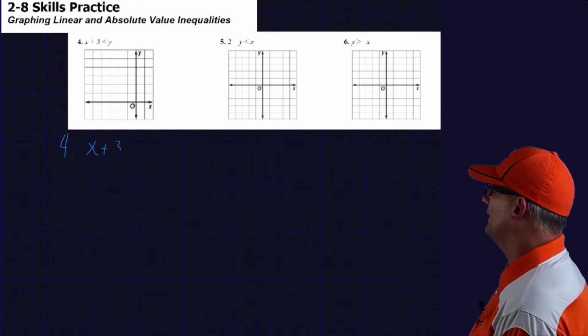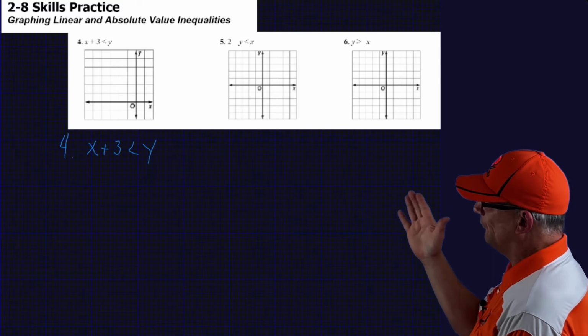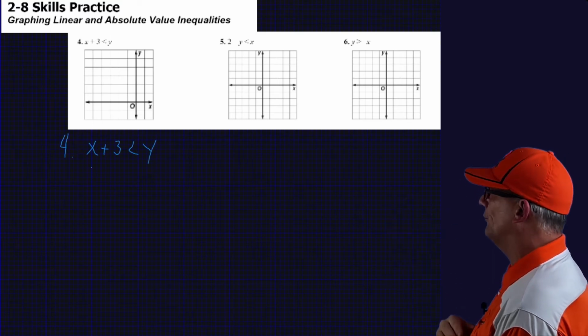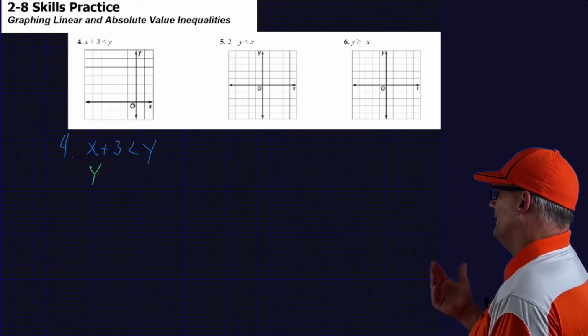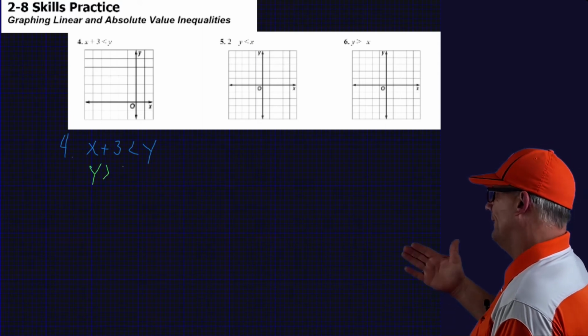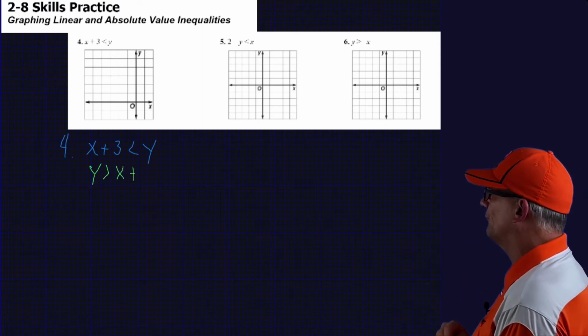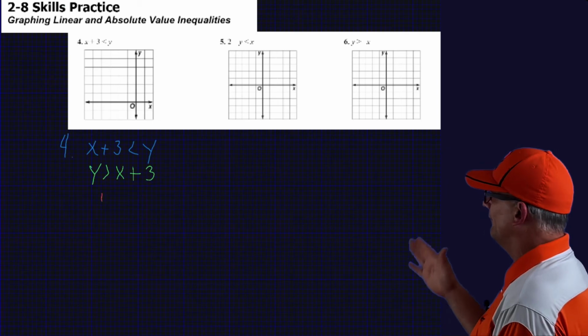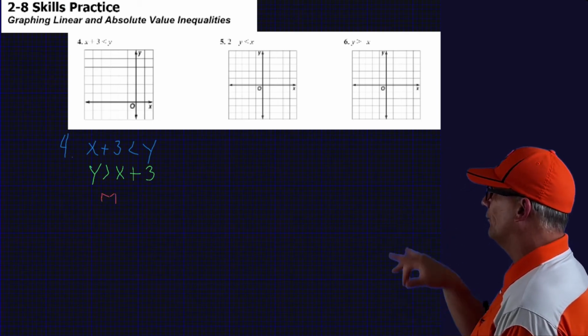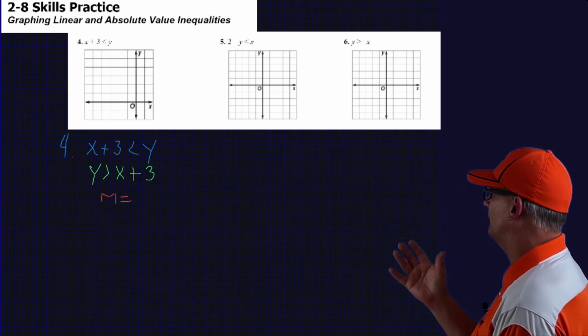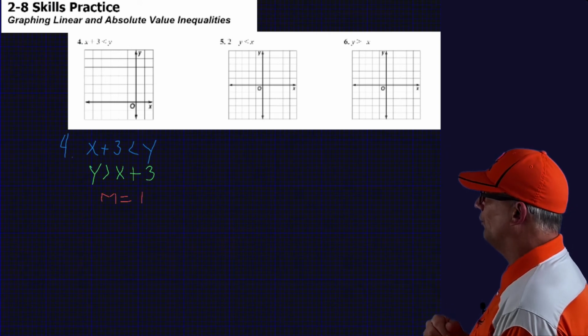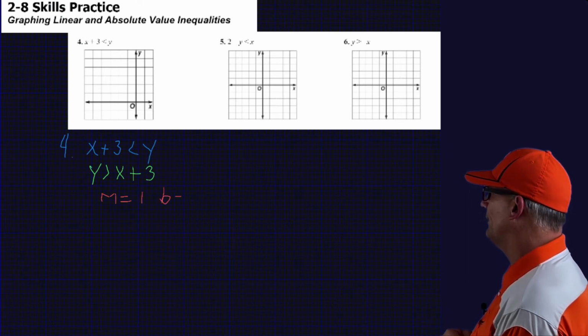Okay, x plus 3 less than y. Now don't be confused because the y is on the right side. This is already in slope-intercept form, and if you feel like you need to rewrite it to make it more comfortable for you, so y greater than x plus 3, then go ahead. But you don't have to. It's already written in slope-intercept form, even though it's written in reverse. So our slope is 1, our y-intercept is 3.